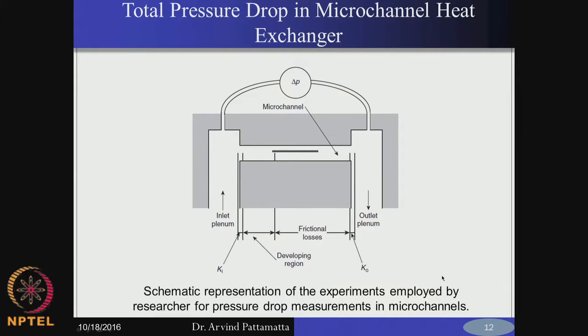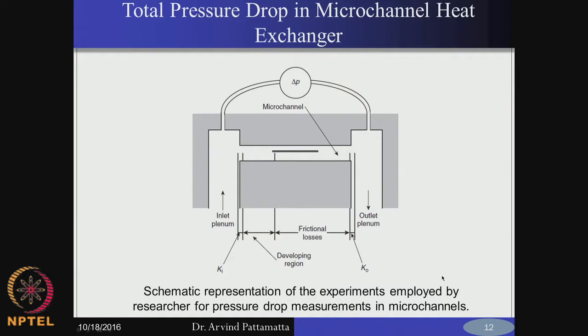Plenum widths are usually larger compared to the channel diameter, correct. The channel diameter is of the order of microns, the plenum diameter could be of the order of millimeters, and therefore, there is a large amount of constriction when it enters into these small diameter channels, and similarly the exit losses are also significant. There is a lot of divergence of the flow, and not only that, you also have to account for the pressure loss as it flows through the inlet and outlet plenum.